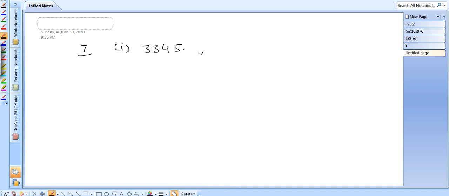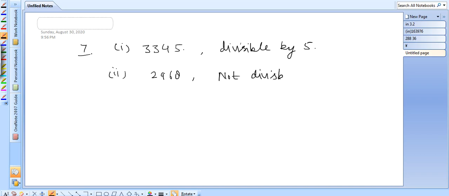So just give the reason. The unit digit is 5, so it is divisible by 5 but not by 10. Then second part is 2968. You can see that it is neither 5 nor 0. तो ये नंबर 5 और 10 दोनों से डिवाइड नहीं होगा. So we write, not divisible by 5 and 10.